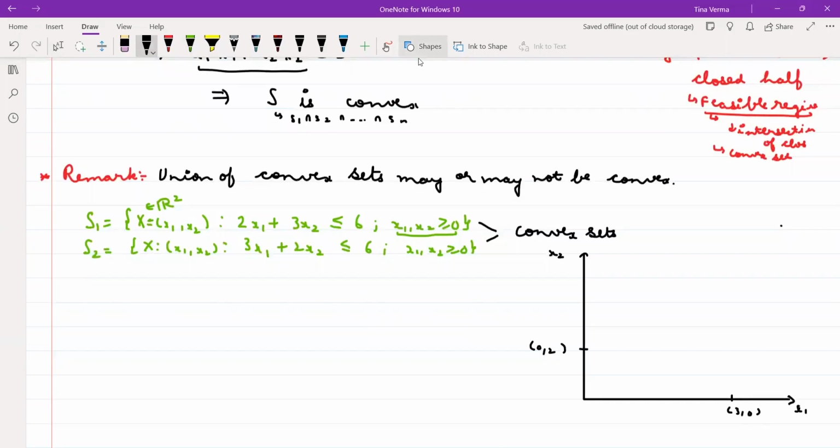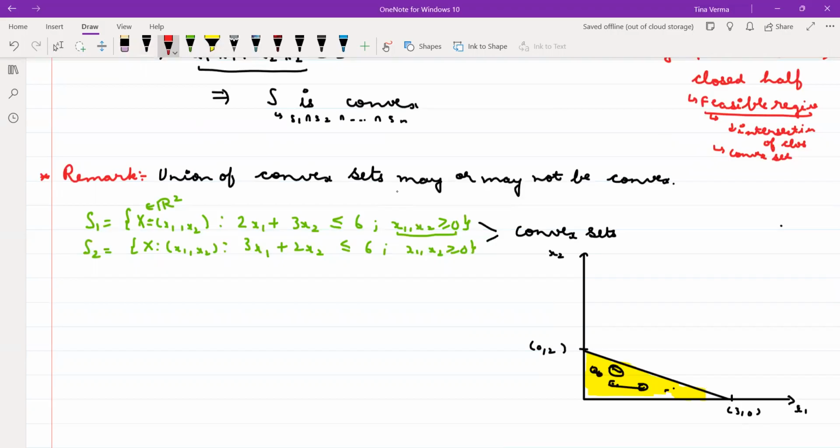So if I join them by a line, if you notice, this is my S1, and if you take any 2 points over here and join them by a line, it will remain inside anywhere you take. Then this set is convex, which clearly indicates S1 is convex.